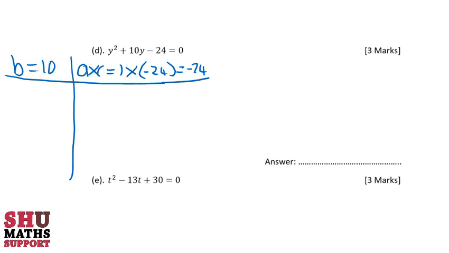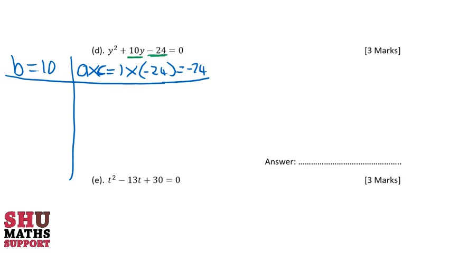And this is one of those problems where we have to do a little bit of thinking again, because we want two values that add together to give positive 10, but we want two values that times together to give minus 24. So we know that there's a minus included, but when we add the values together, we need to make sure that the positive value is much greater than the negative value, so that we get positive 10.